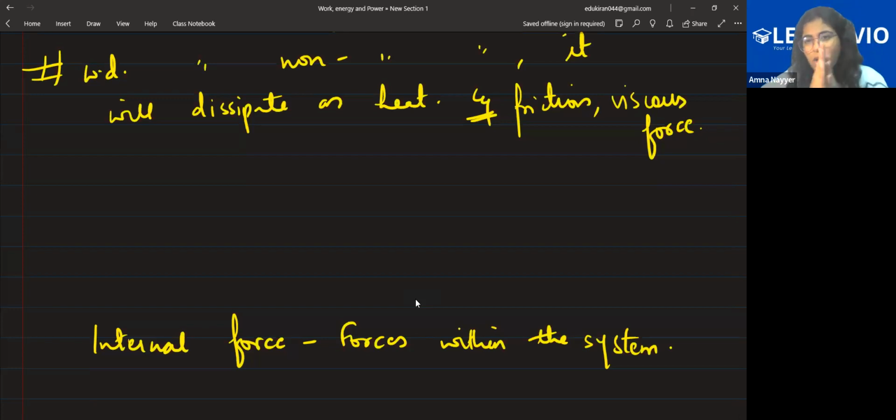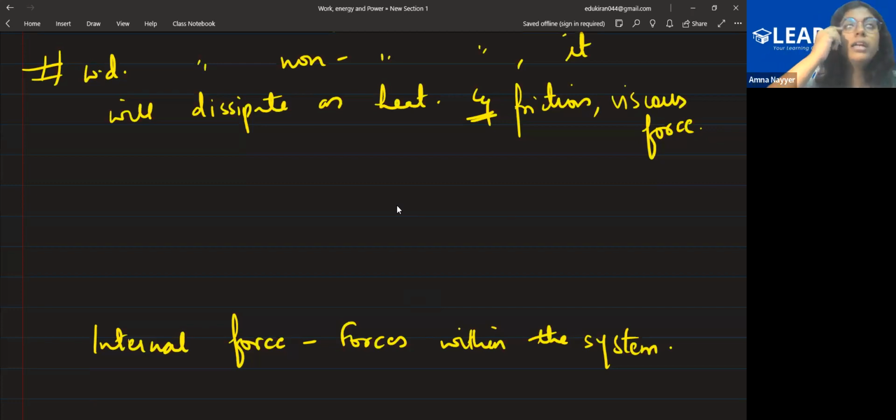Like if you rub your hands, after some time both palms will be hot. Why? Frictional force, right? So work done by non-conservative forces like frictional force, viscous force.